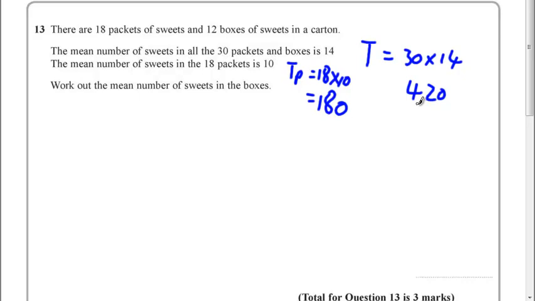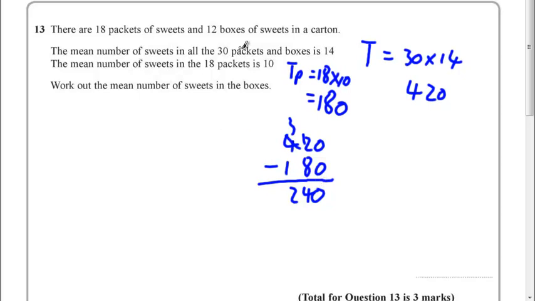If we take it away from the total number of sweets, we're going to find the total number of sweets in the boxes. So let's do that. 420 minus 180. 8 from 12, 4, 1 from 3 to 240.